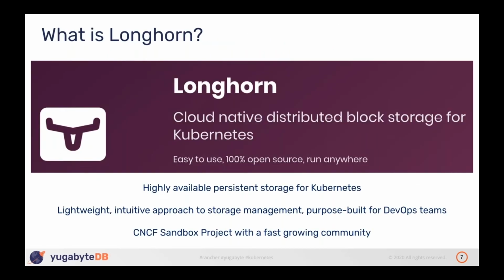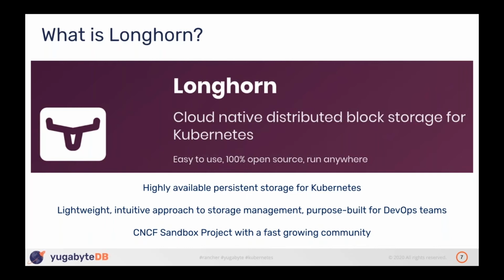Let's bring in Longhorn to the equation. What is Longhorn? Again, I'm pretty sure most of you have seen Longhorn in action, given that it's one of the more popular Rancher projects. But here is a quick introduction. It's a highly available persistent storage for Kubernetes that Rancher actually donated to CNCF as a sandbox project, I believe last year.